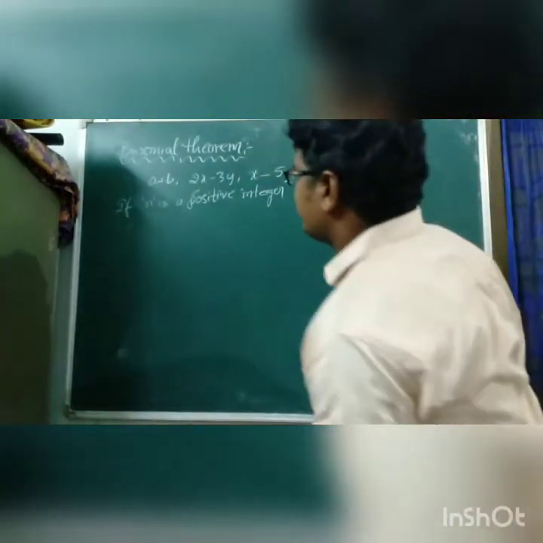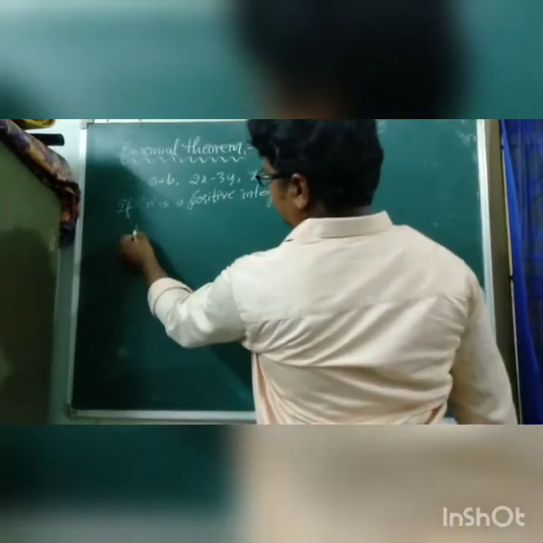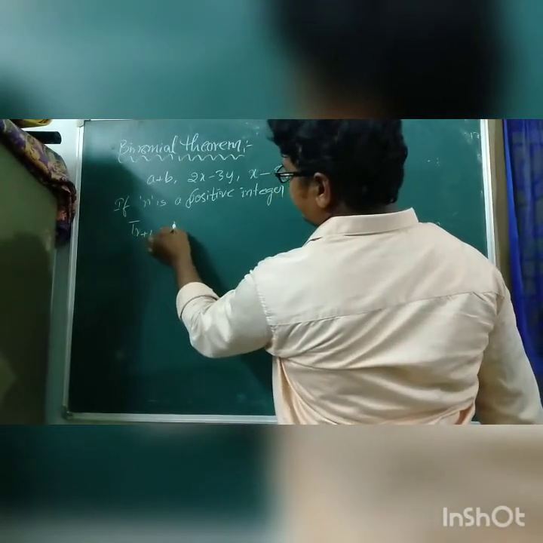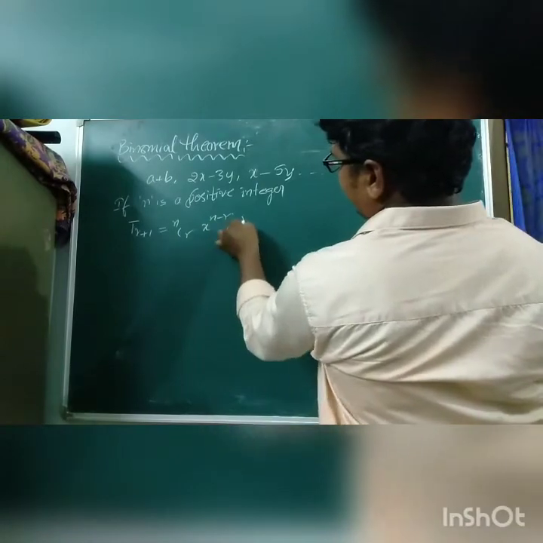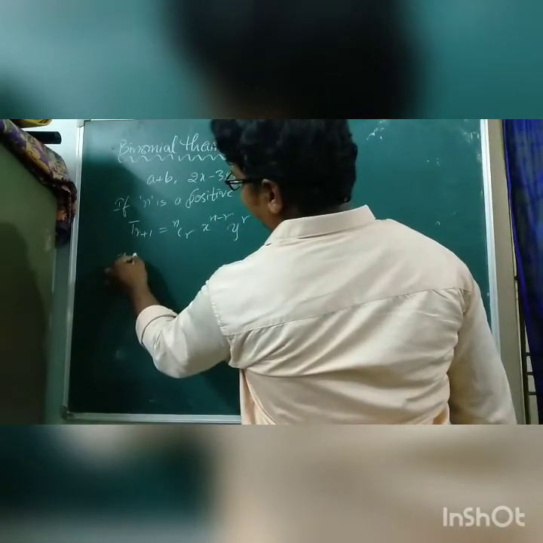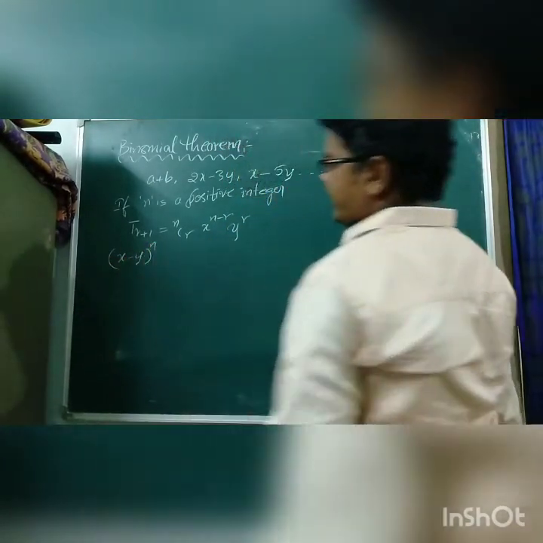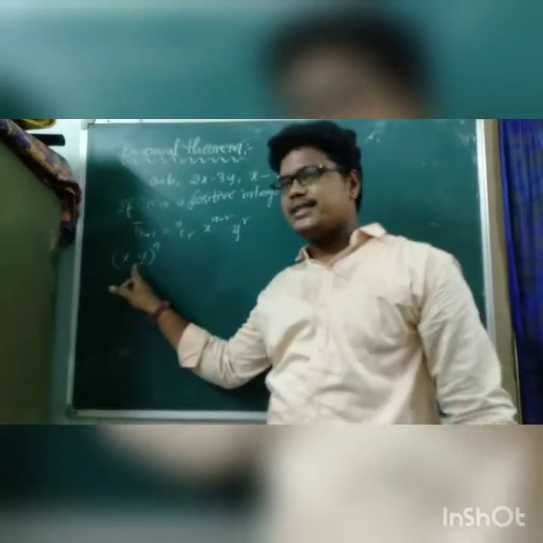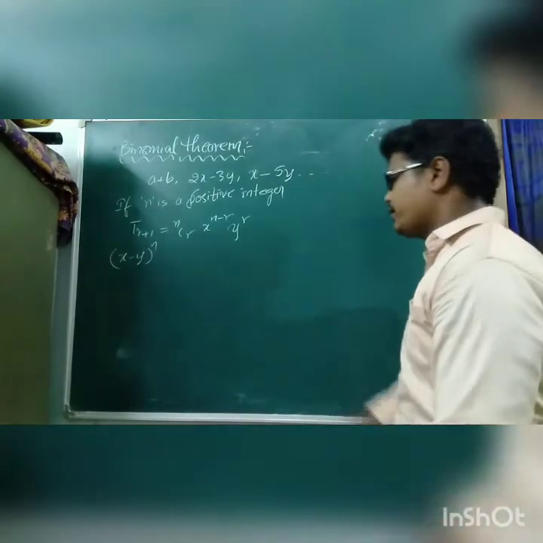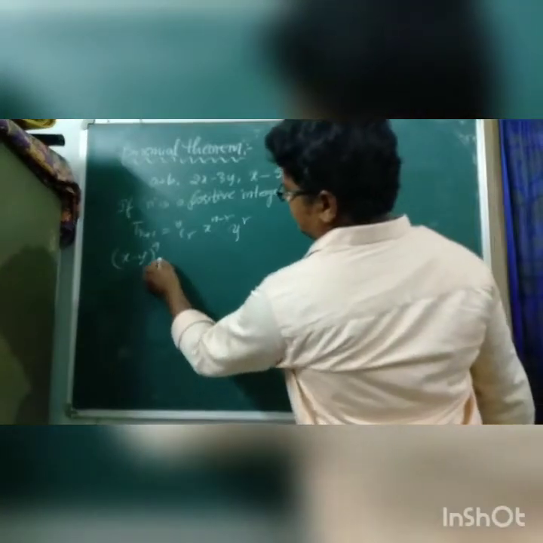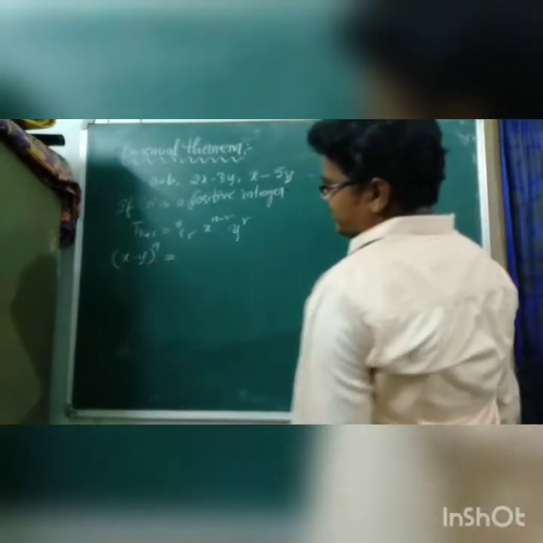We already discussed one thing, that T(r plus 1) is equal to nCr x power (n minus r) into y power r. Now we discuss what the general term is for the binomial expansion of (x minus y) whole power n.